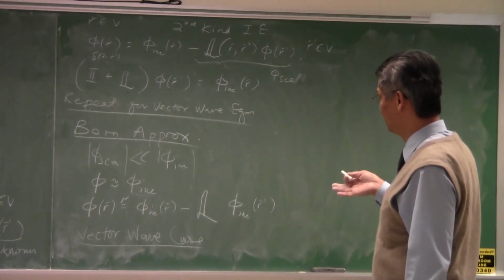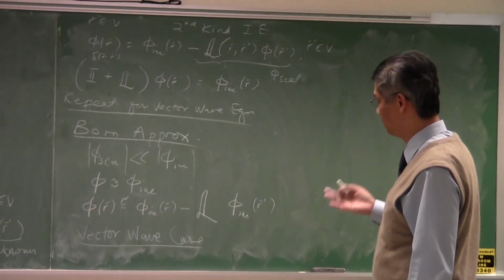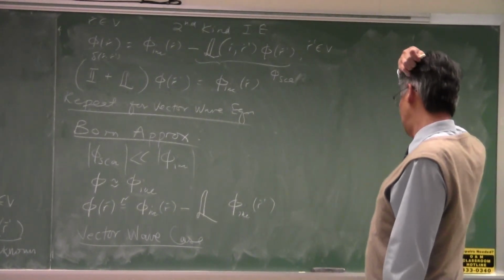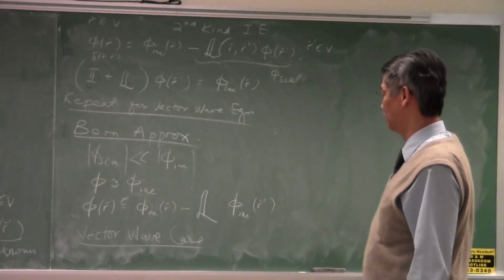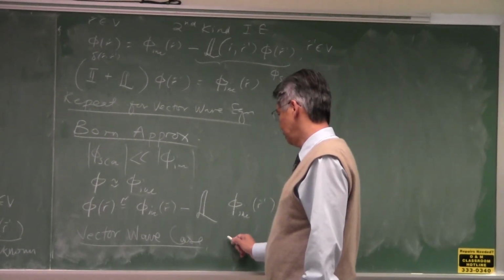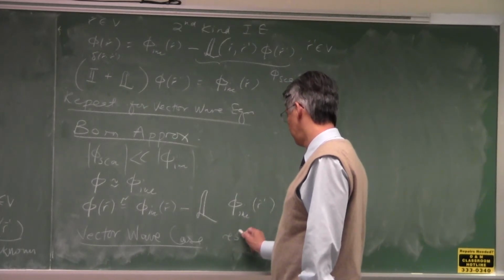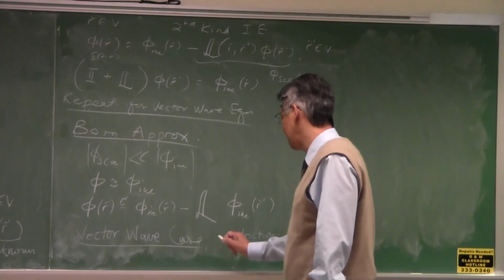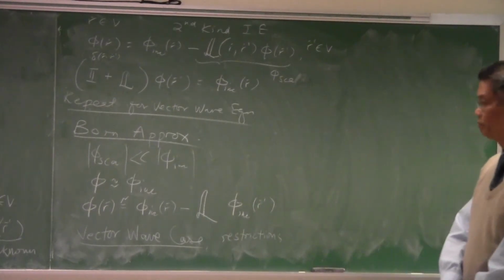I will not go into the detail, but it's written up in the textbook. Very similar kind of ideas. If the scattered field is weak compared to the incident field, then you can make this kind of approximation. There will be restrictions on when you can apply the Born approximation.